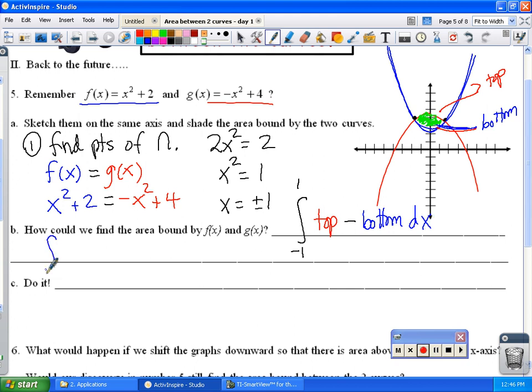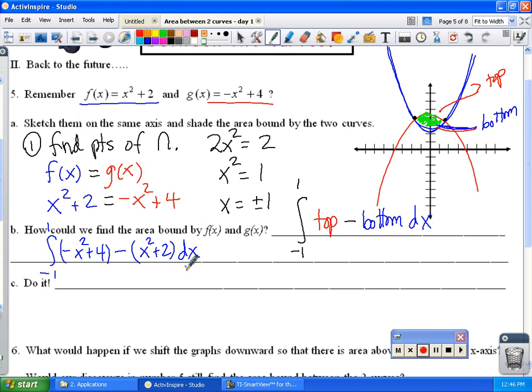So we'll have the integral from negative 1 to 1 of the top curve, in this case negative x squared plus 4, minus the bottom curve, which is x squared plus 2, dx. Now we really have two choices here.